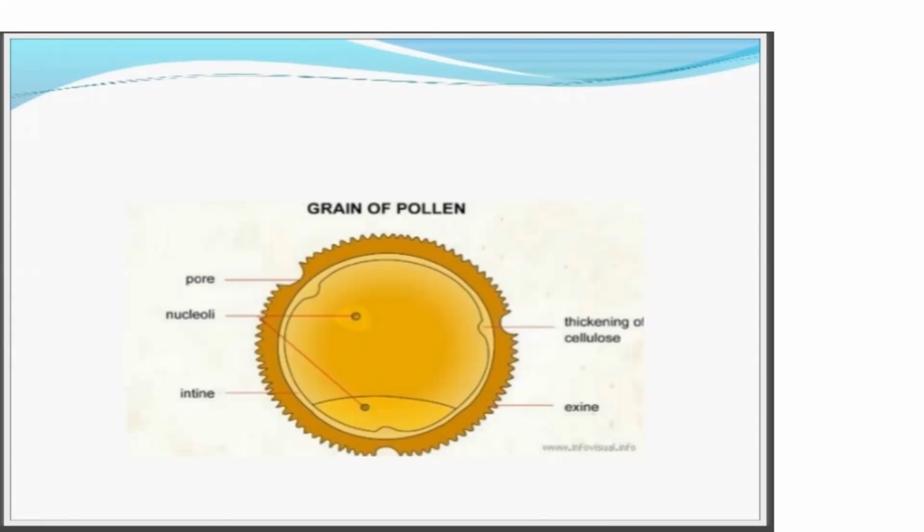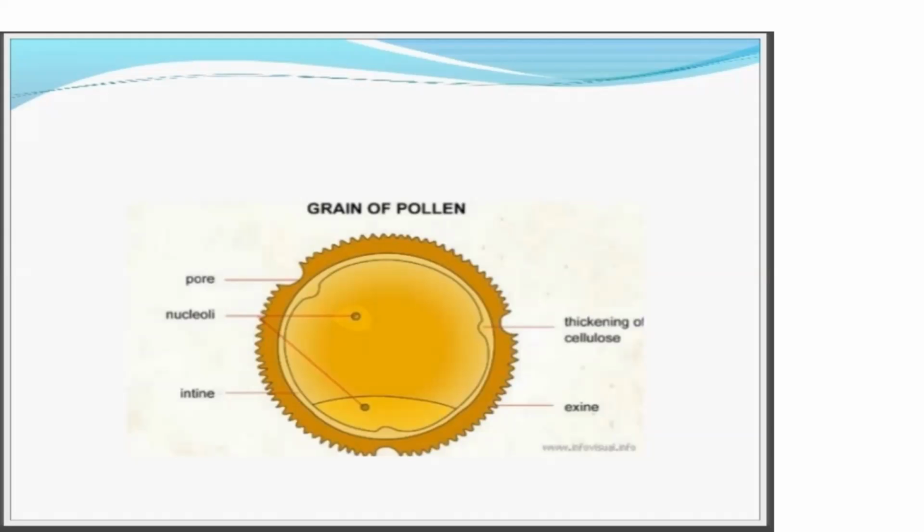Exine and intine. Outside of the mature pollen in insect-pollinated plants, there is an oily layer consisting of lipids, carotenoids, and some proteins. This oily layer is called the pollen kit. I have not mentioned it here, but it lies on the outer side of the mature pollen.